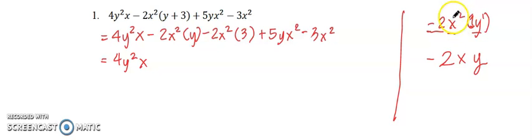But since we only have one x variable here, we simply copy the exponent of x, and that's 2. Same goes for y, that's 1, or we can leave it blank because it's automatically 1. So we copy this answer. This is the product of negative 2x squared times y. So we copy that here, negative 2x squared y.